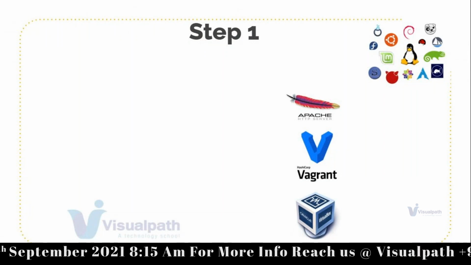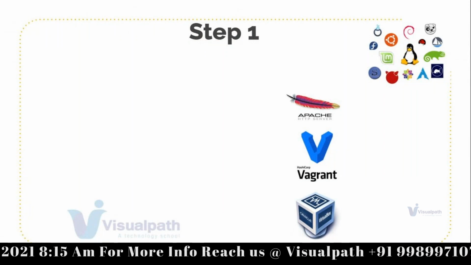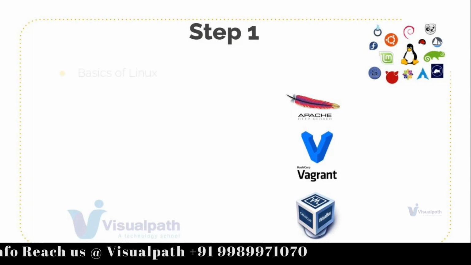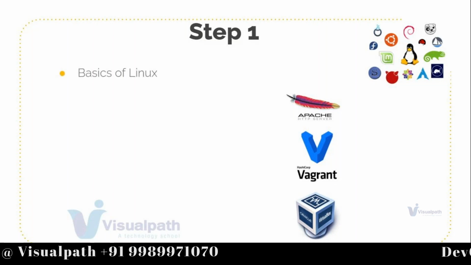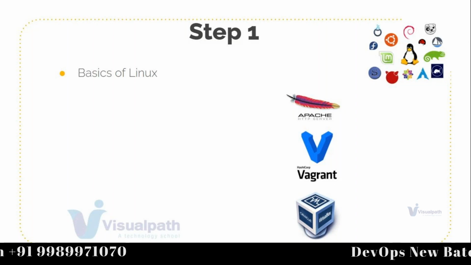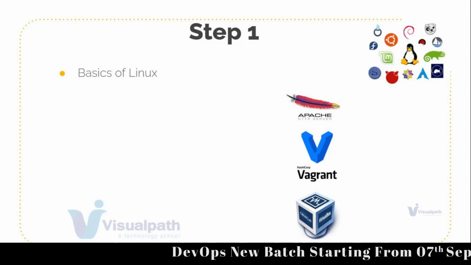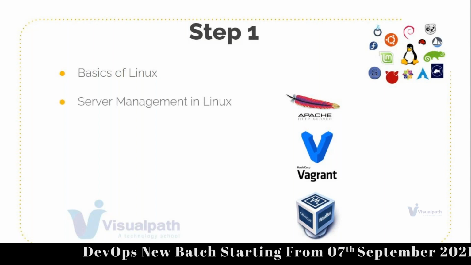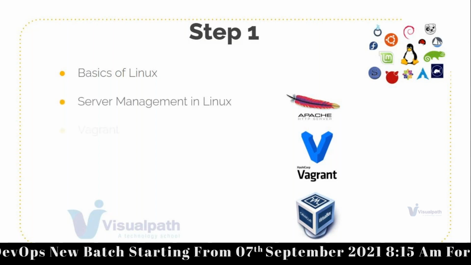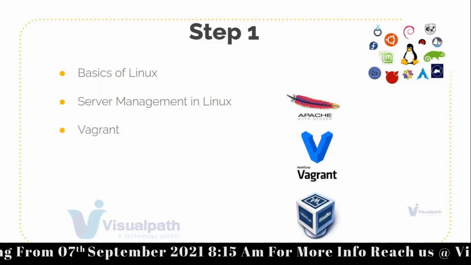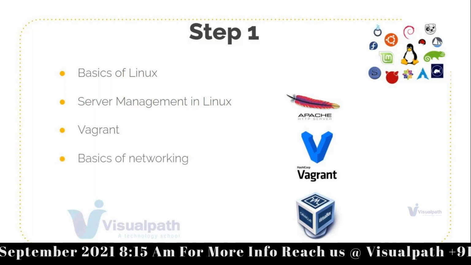Now this course is divided into multiple steps, and it starts from the very basics. Step one is basics of Linux. If you are from a development background, or if you're a non-IT person, then you need to train yourself on Linux skills, and you need to know how to manage servers on Linux. We're going to learn a VM automation tool called Vagrant, and basics of networking.